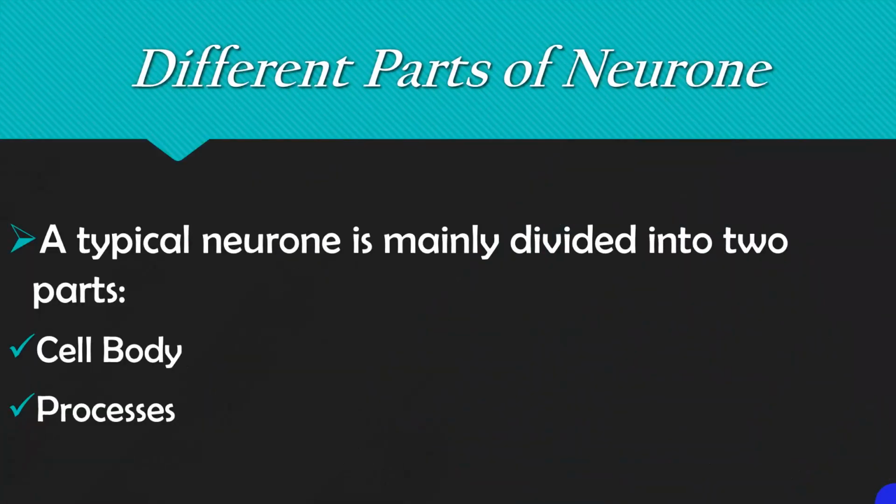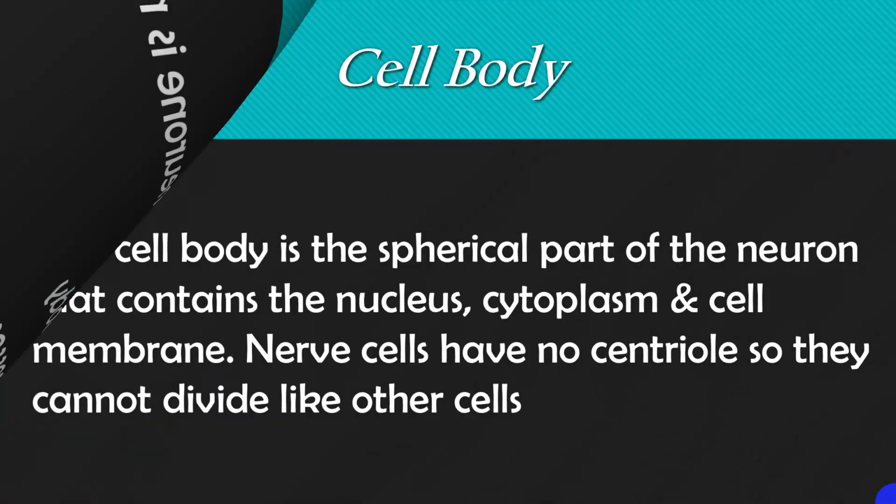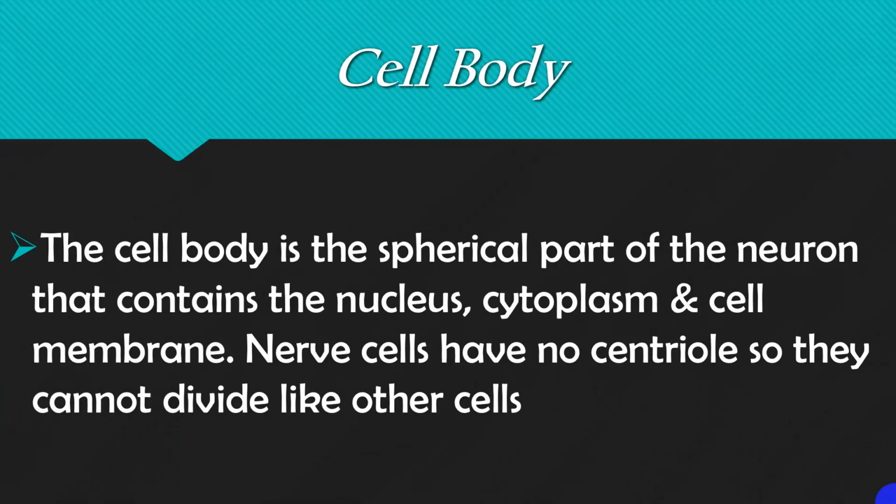Okay, moving on. Different parts of neuron. A typical neuron is mainly divided into two parts. Number one, cell body, and number two, the processes. Okay, let's learn about the cell body.